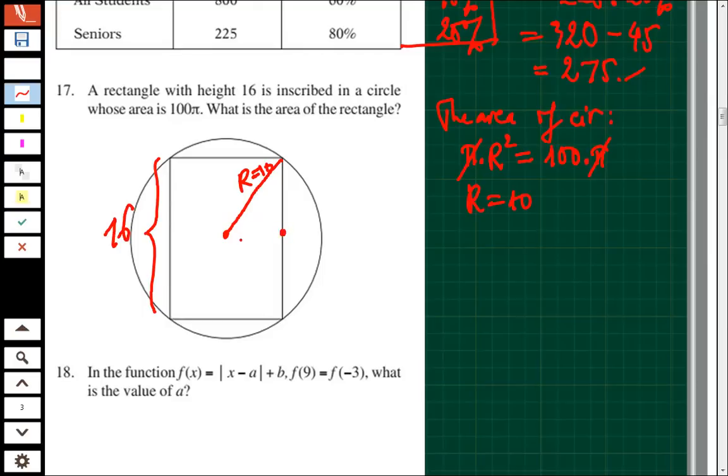We draw the midpoint here. Of course, this is number 8, and we use the Pythagorean theorem.